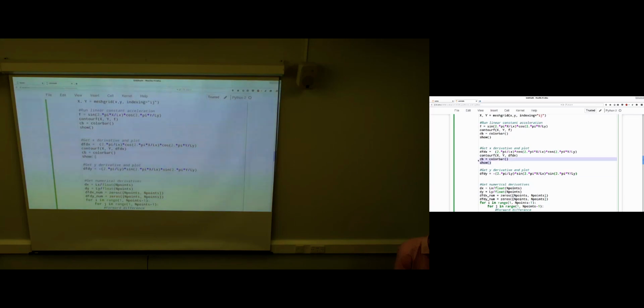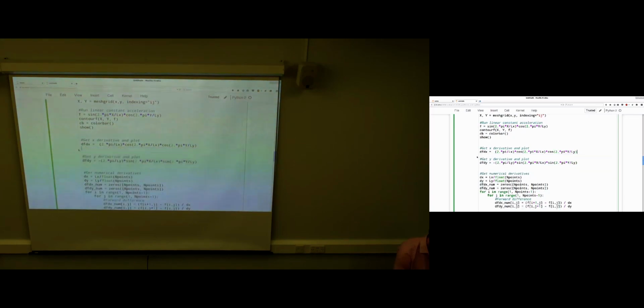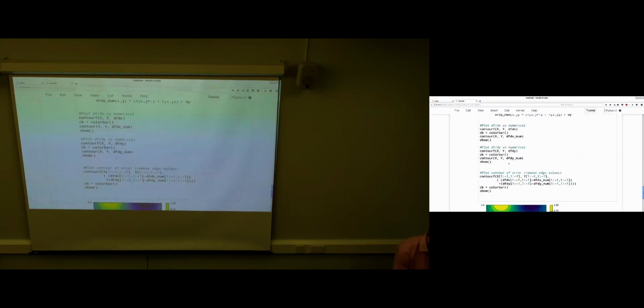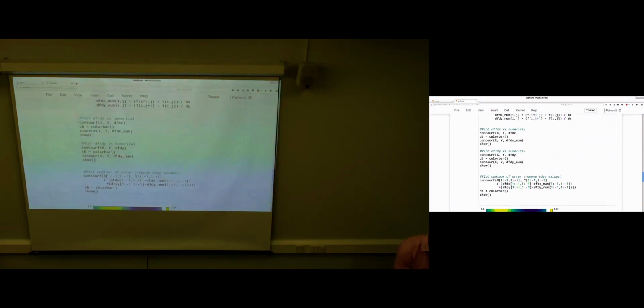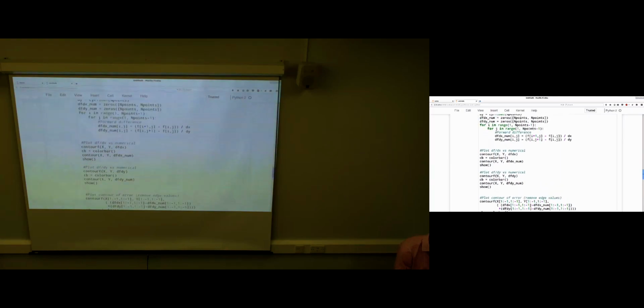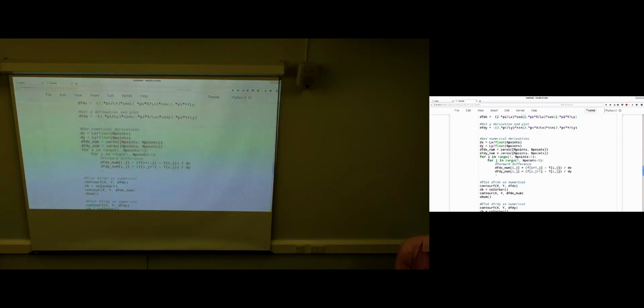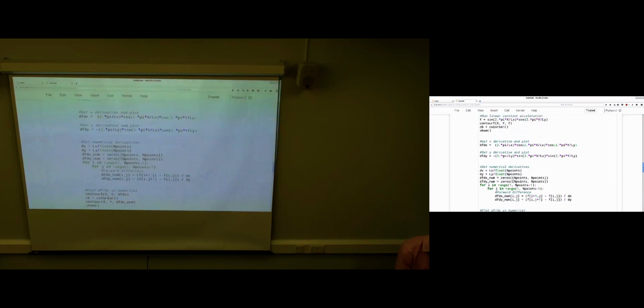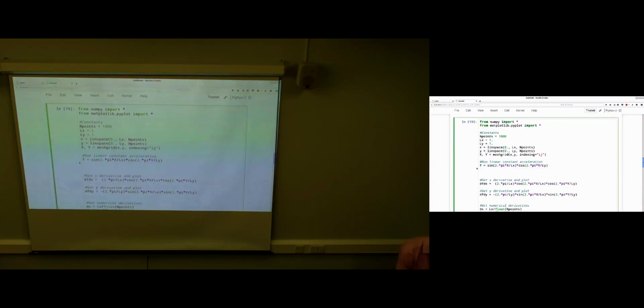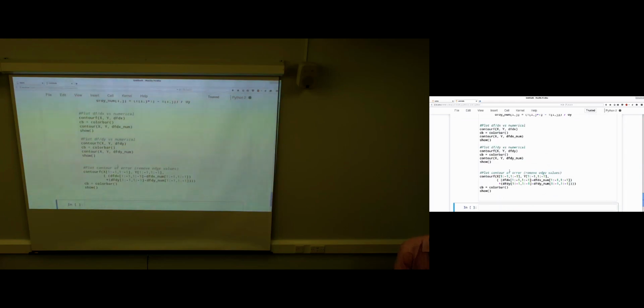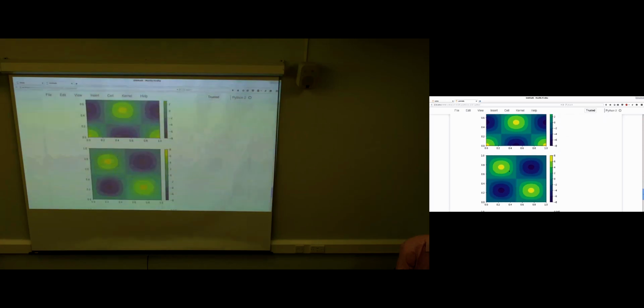So we're calculating the derivatives directly. Oh, here we go.